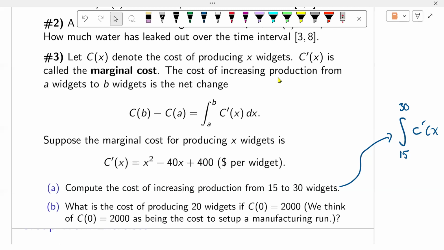And so there's a cost of producing a certain number of widgets. So you can imagine this function, like you ask yourself, well, how much is it going to cost for me to make 100 widgets? Well, you take X, replace the X with 100 in whatever this formula is, and that'll tell you how much it costs.